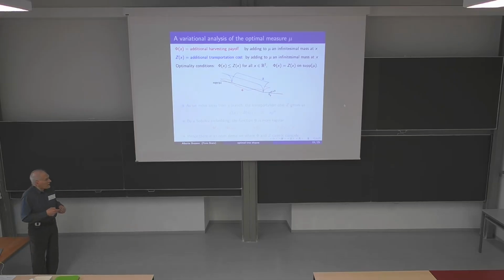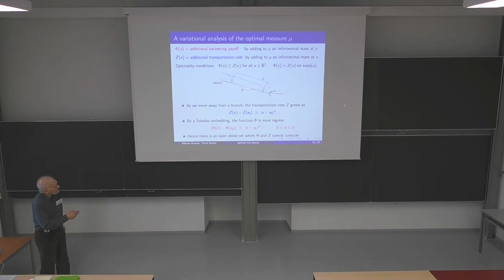And then a fairly long analysis shows that, let's say, this is one of the big branches where we are transporting the mass. So if we move away from one branch, then the transportation cost grows like, let's say, |x minus x naught| to the power alpha.